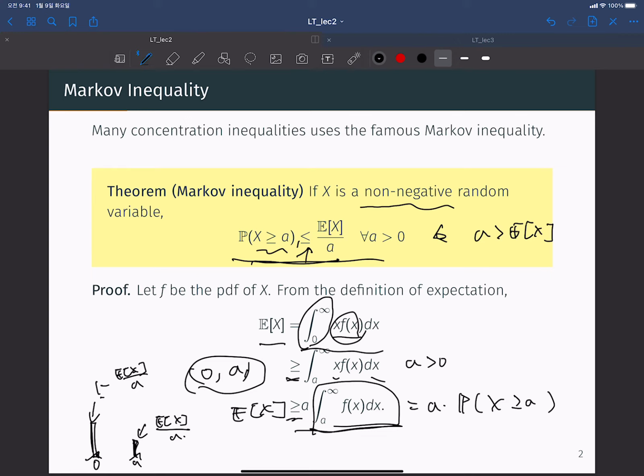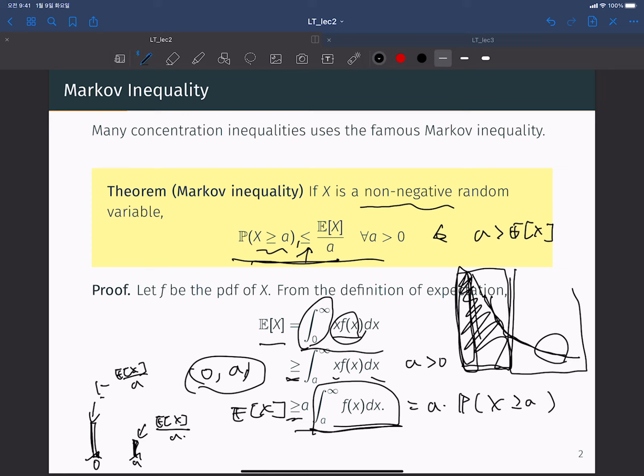This means if the tail of the PDF decreases very rapidly to 0, the Markov inequality could be tight, because when the probability very quickly converges to 0, the probability density is very concentrated in this area, and also very concentrated here.